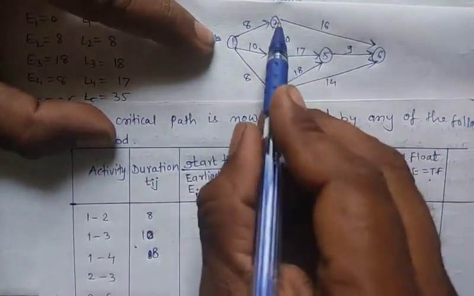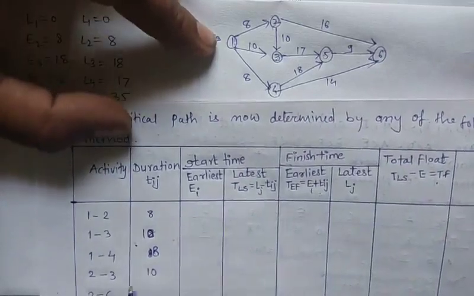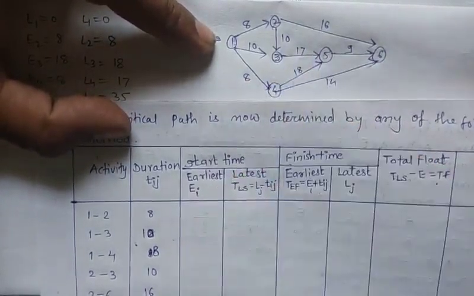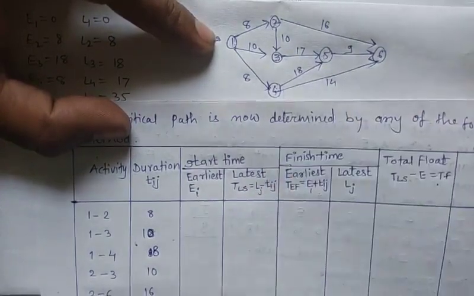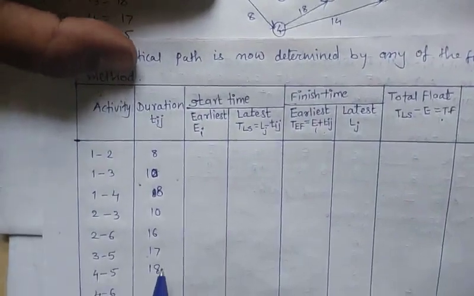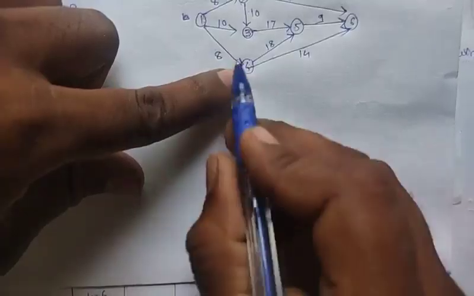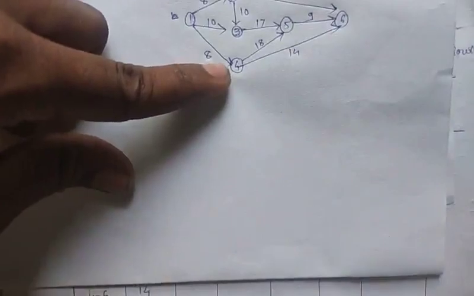Next 2-3 has time duration 10, 2-6 is 16, 3-5 is 17, 4-5 has time duration 18. Next 4-6 has time duration 14, and last 5-6 has time duration 9.